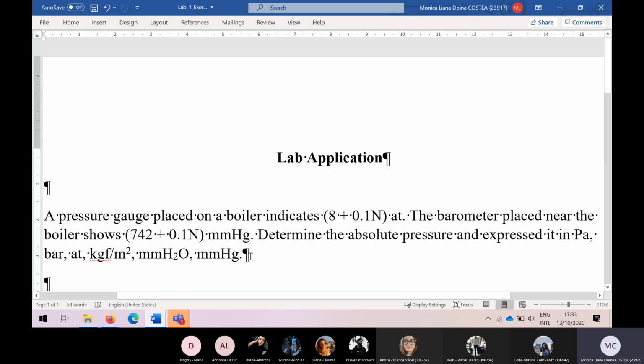So what is supposed to be written when we want to compute this? It is a pressure gauge on a boiler, and it has an important value indicated. Is it manometric or vacuumetric pressure?